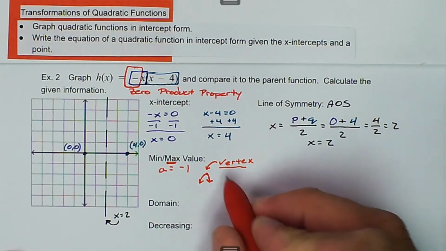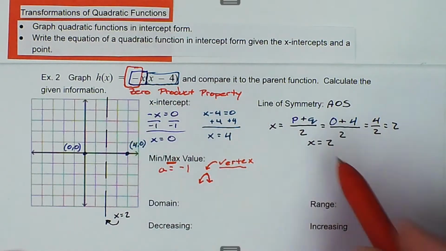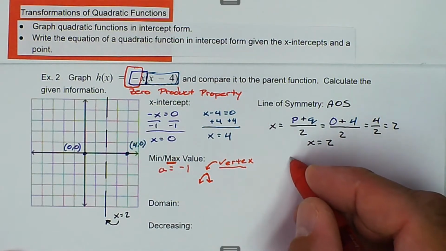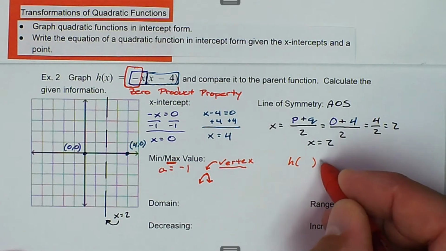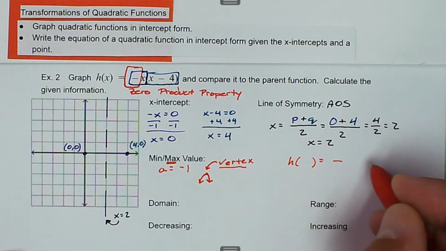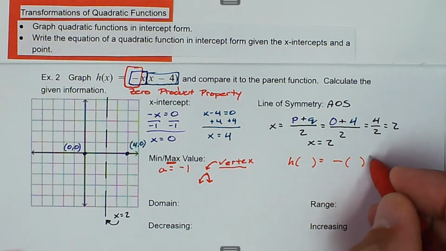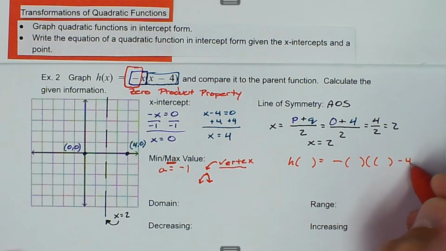In order to find out exactly what the max is, we need to take our axis of symmetry and substitute it into the equation. So our equation is h of x equals negative x times x minus 4.